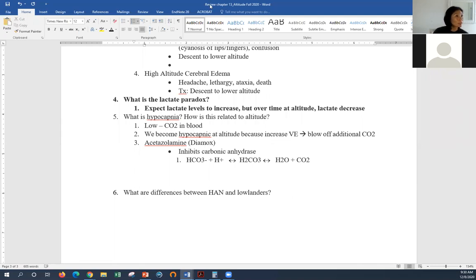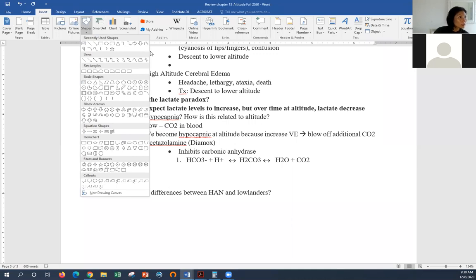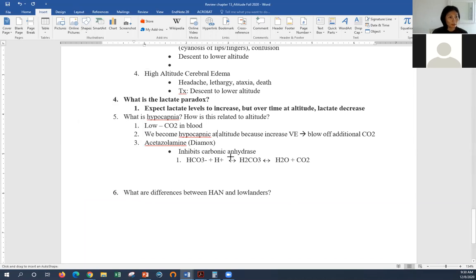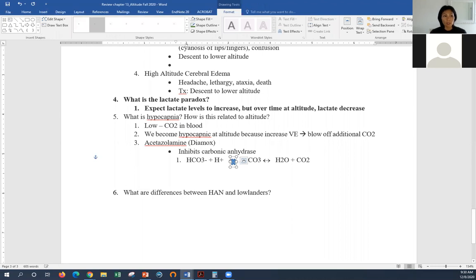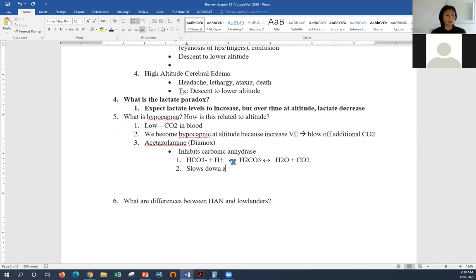So if we inhibit this reaction from happening, we cannot blow off that CO2. So what Diamox does is it slows down the alkaline environment, right?